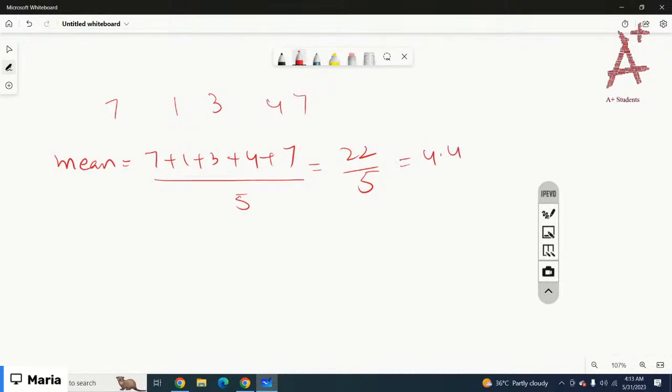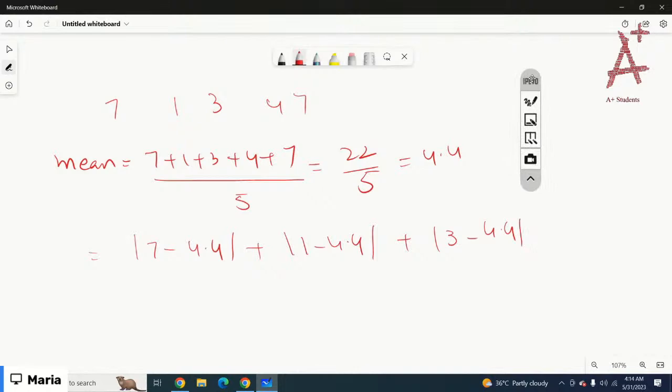For step 2, you have to subtract 4.4 from all the numbers and you have to calculate their absolute values. Absolute value means all of the values would be positive, no negative numbers allowed here. Let me explain. It would be 4 minus 4.4, 7 minus 4.4.